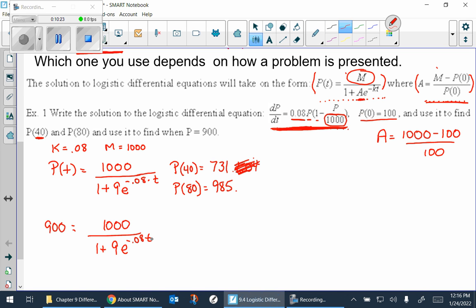How are we going to figure that out? Well, I think we're probably going to cross multiply. And we're going to have 900 times 1 plus 9 e to the negative 0.08 t, equaling, and if I put this over 1 and cross multiply that way, we have 1,000.